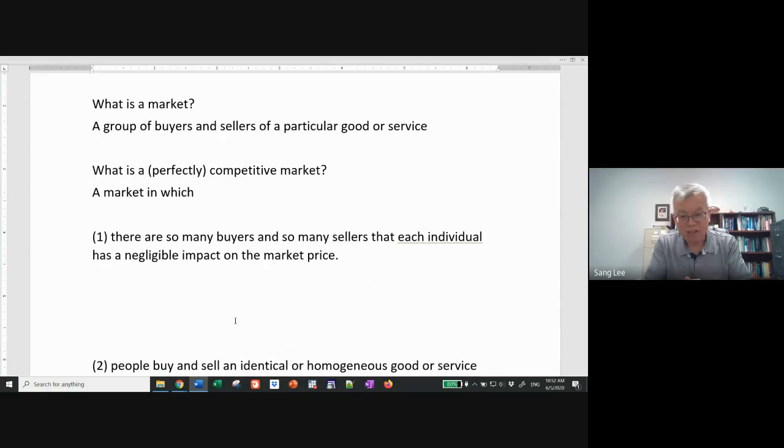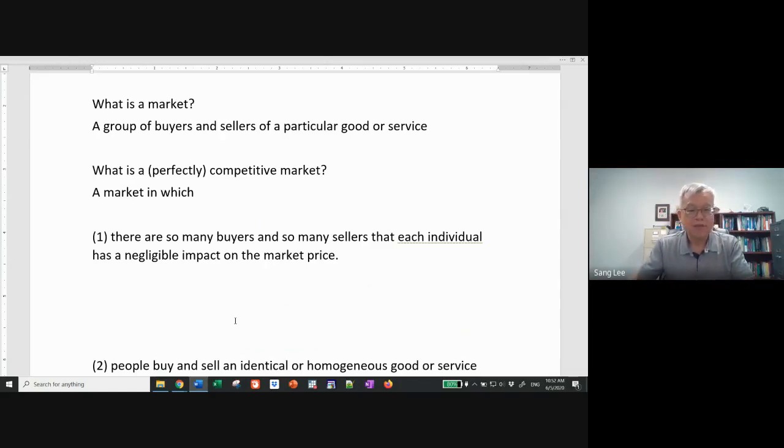No, it'll hardly have any impact on the market price of the pumpkin. So the first condition is there are so many buyers and so many sellers, so no single individual market participant can have any impact on the market outcome.